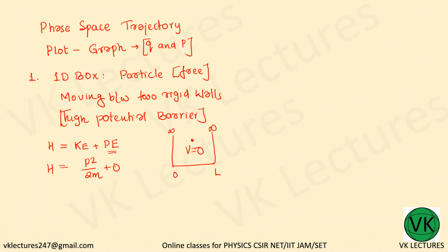Okay. Now this is the total energy. The total energy is equal to only kinetic energy because potential energy is 0, so E equals P square divided by 2m. Now this indicates P square is equal to 2mE, and P is equal to plus or minus root of 2mE.